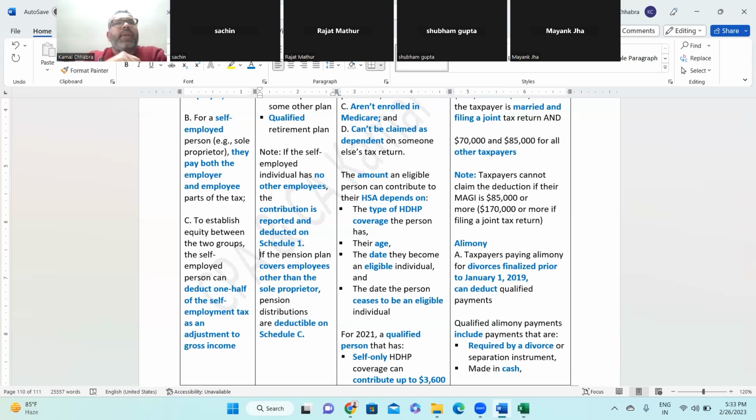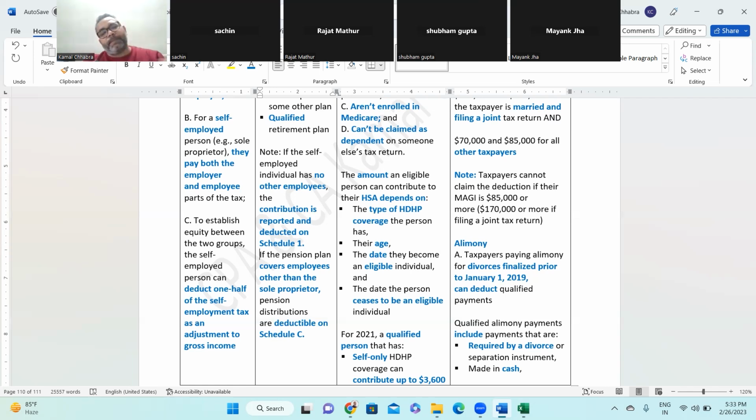If you have employees also working in your sole proprietorship, then you will be deducting on Schedule C. So the schedule you need to use is based on the category of employer you are. If you are just self-employed and employing yourself, then Schedule 1. If you have multiple employees working in your sole proprietorship, then you will be reporting on Schedule C.